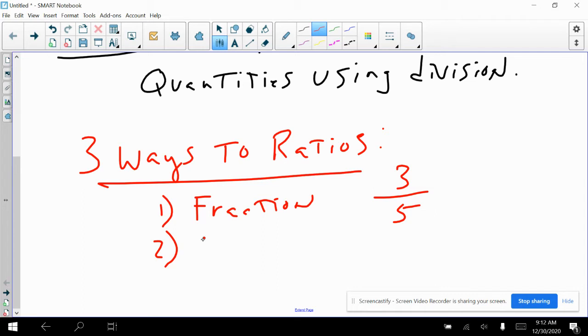Number two is a colon. Okay, so we can write this 3:5. Okay, we substituted in a colon where the fraction bar goes.